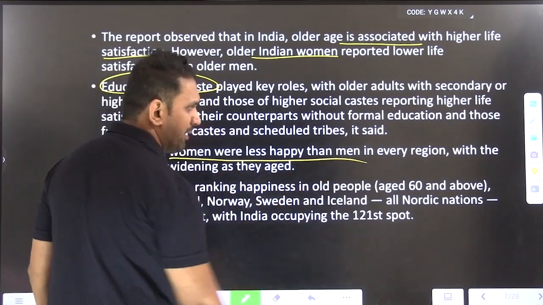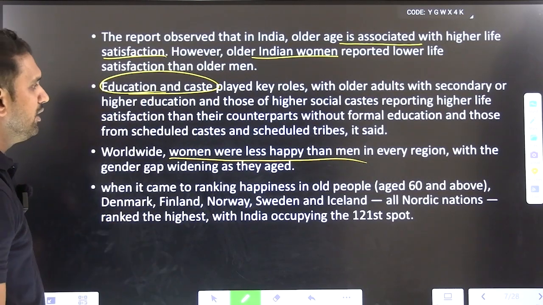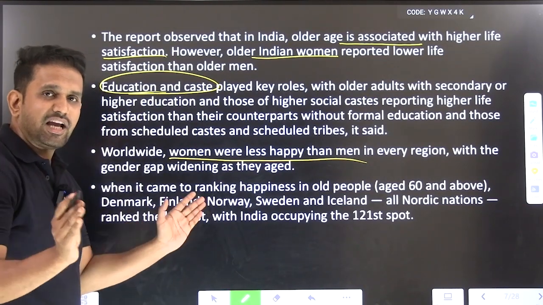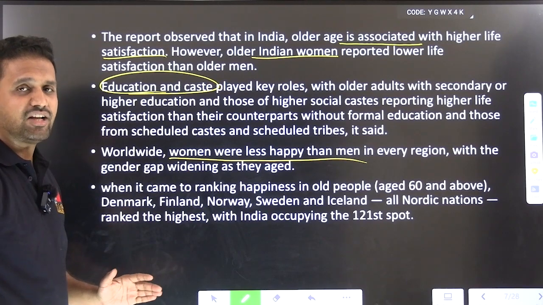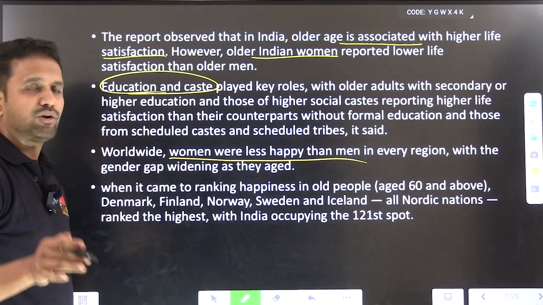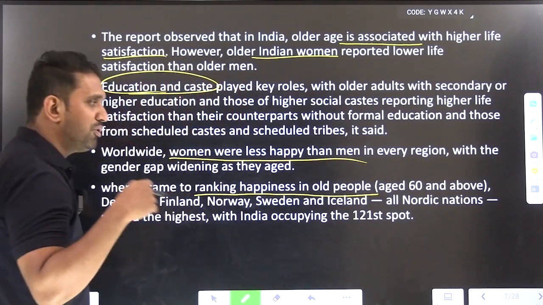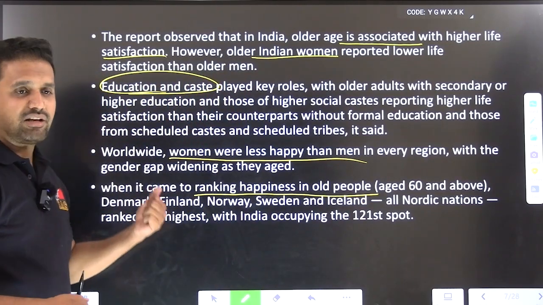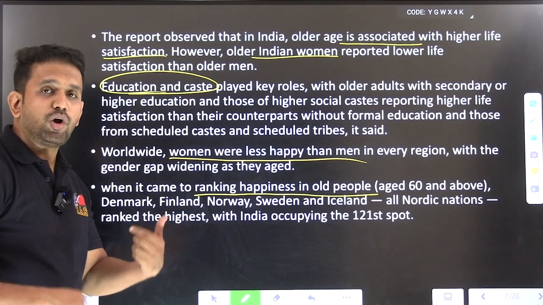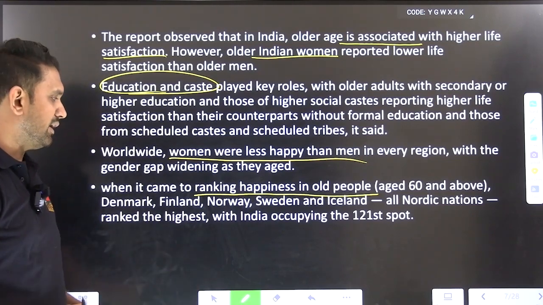Worldwide, the same thing goes. Women were less happy than men in every region, and the gender gap is also widening. When it comes to ranking happiness among old age people above 60, they surveyed how many people above 60 are actually happy in a particular country.